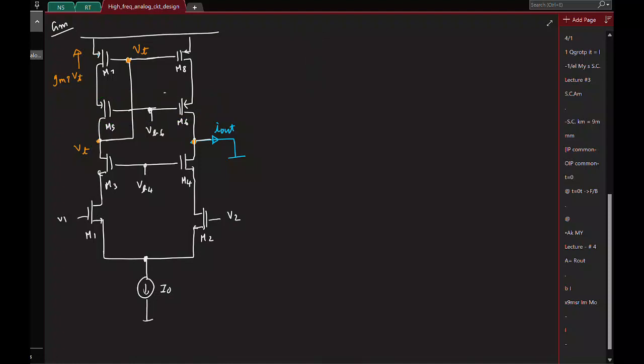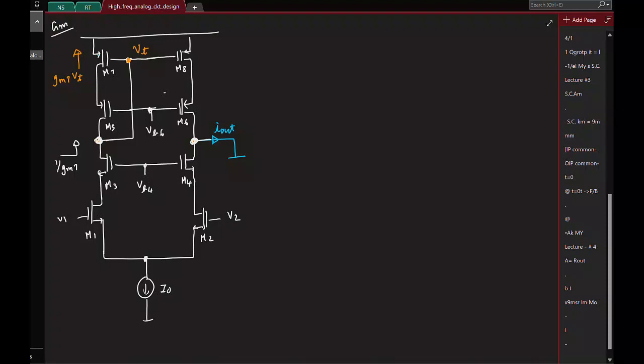So the impedance looking here is 1 by GM7, and this is also at a very low impedance. Both of these drains are at low impedance.